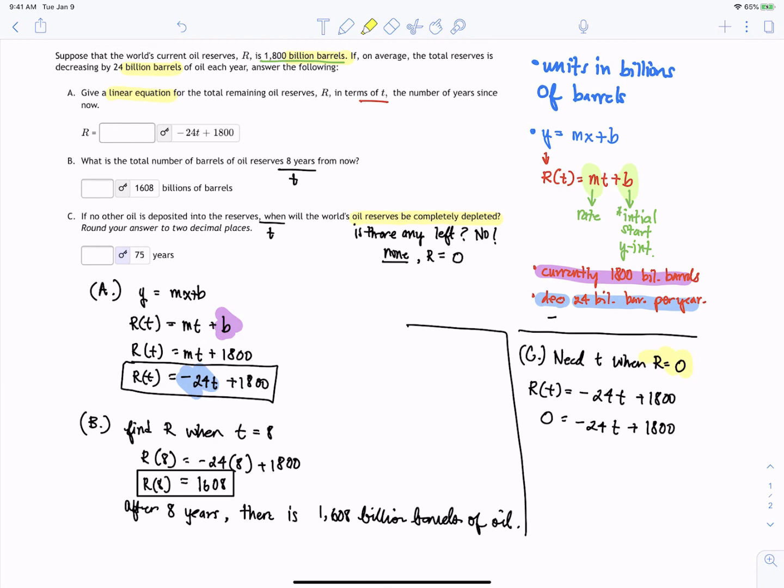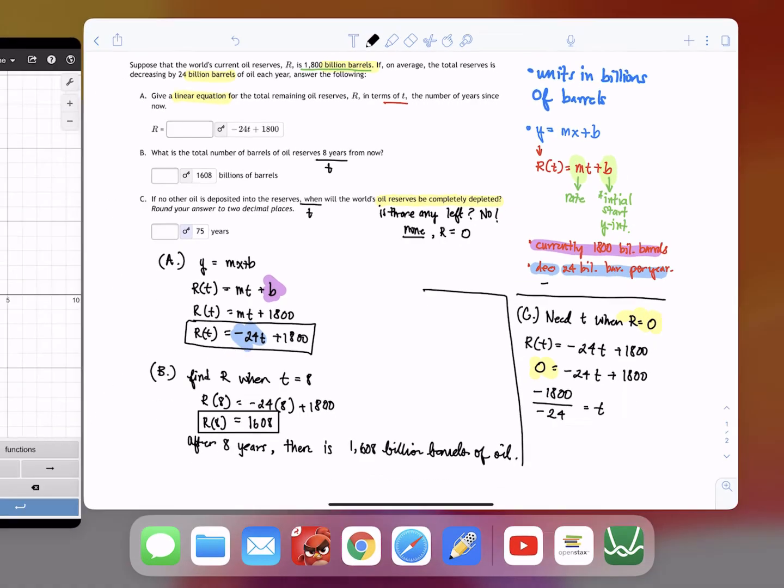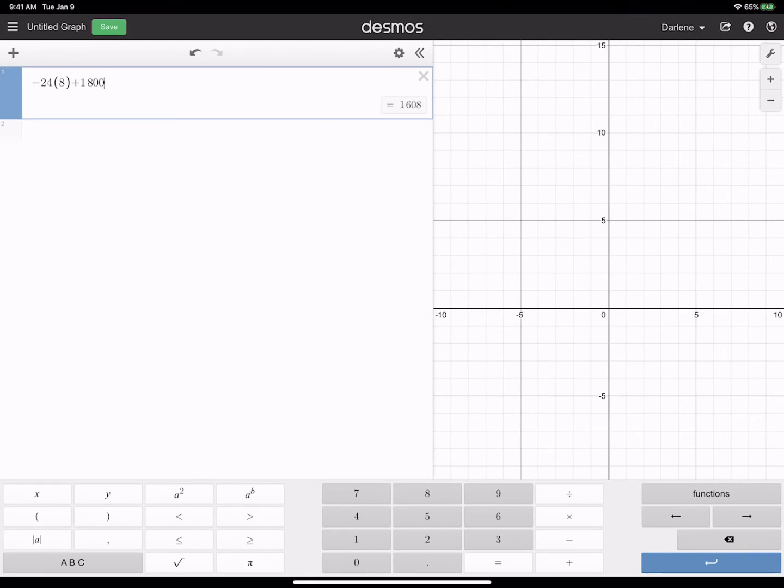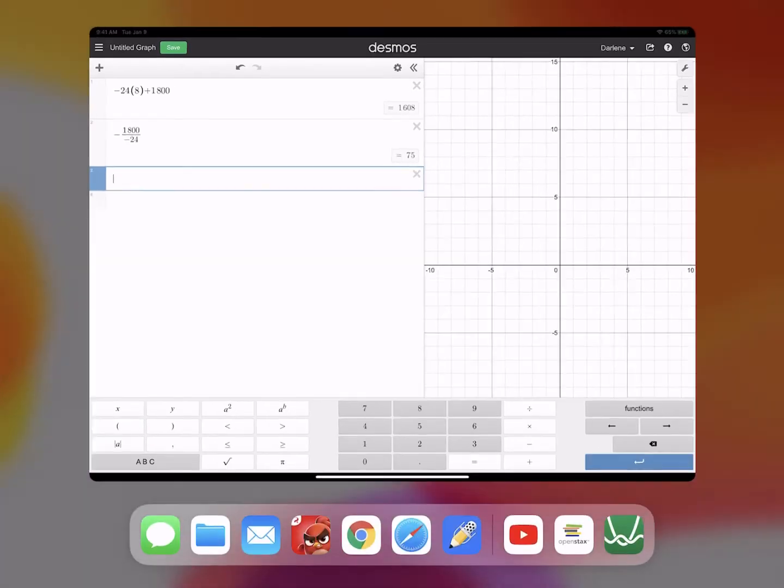So we're just going to go ahead and make sure those two match, and then solve for t as usual. So we would subtract 1800 and then divide by negative 24 to get t. And we can easily do this in the calculator, right? We could say negative 1800 divided by negative 24, 75.